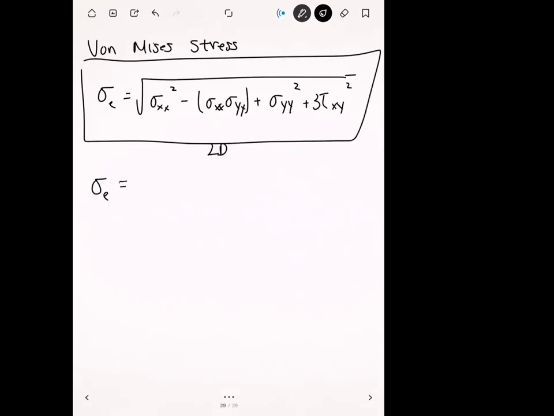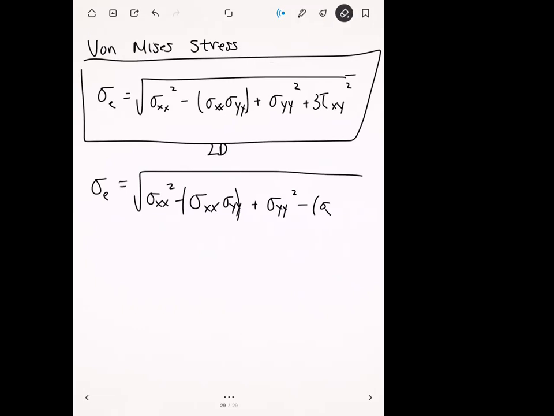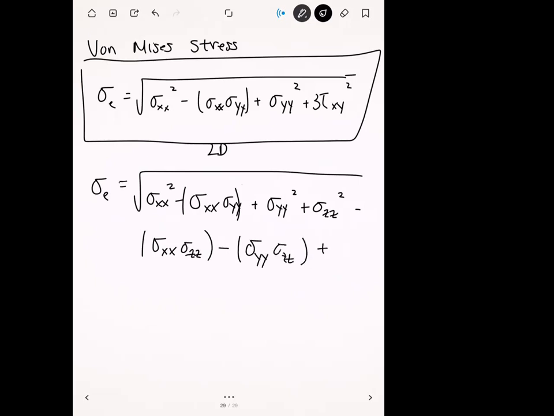In 3D, this is going to be sigma xx squared minus sigma xx sigma yy, plus sigma yy squared, plus sigma zz squared, minus sigma xx sigma zz, minus sigma yy sigma zz, plus all our shear components: 3 tau xy squared plus 3 tau xz squared plus 3 tau yz squared.